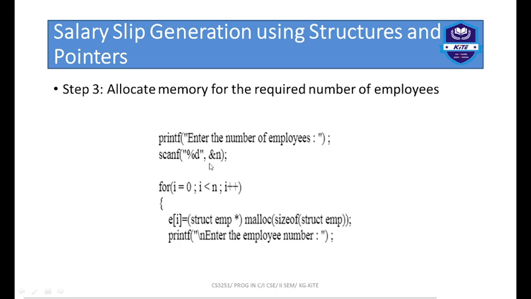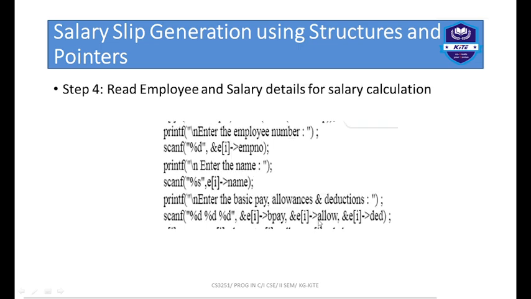So that employee count is obtained through the console, through the keyboard, and it is stored in the variable n. For all those employees, memory is allocated. The next step is to get the basic details of that employee, such as employee number, employee name, employee basic pay, allowance, and the deductions.